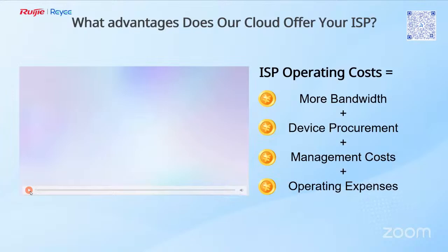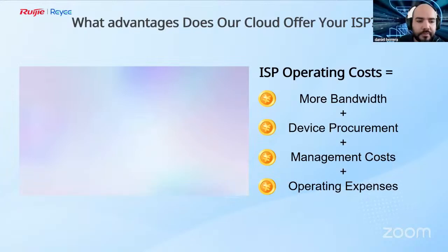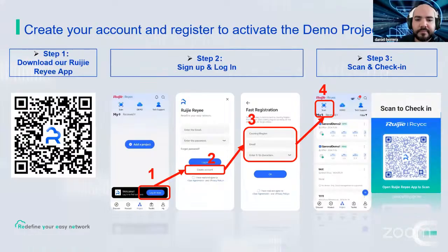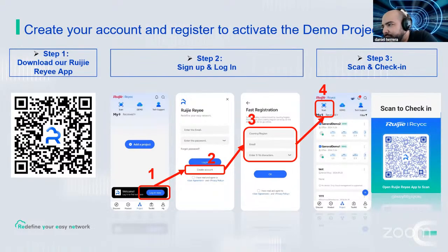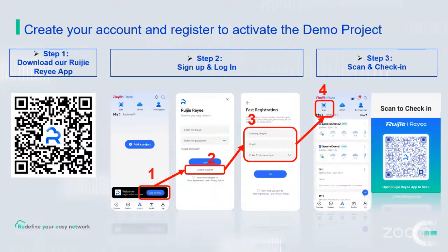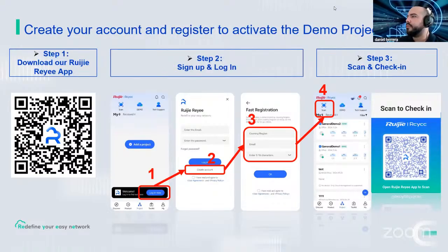Sorry, Daniel, can you go back to the QR code? I didn't get a chance to scan it. Yes, sir, of course. It tells me invalid QR code. Remember that you need to download the app and then scan from within the app. I have the app already, but for some reason it tells me invalid QR code when I scan the one on the right side. Let me try to upload that to my chat here.